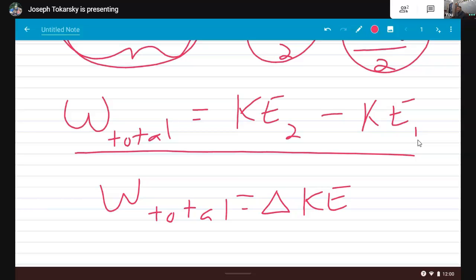And with certain problems that have changes in direction, it's easier to do it through the eyes of work and energy than to go to straight Newton's second law, where you're still dealing with forces directly, which are vectors, and the axis of acceleration.